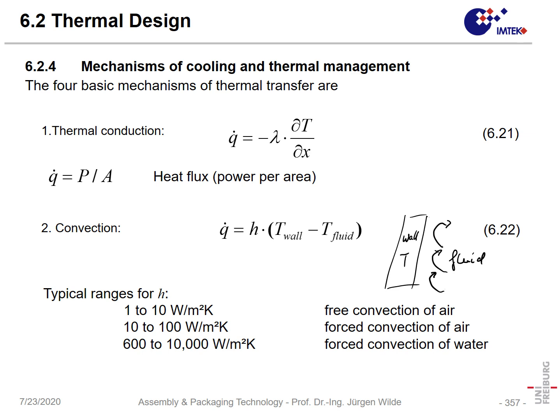And in many cases, it's advisable to use forced convection of water, and that can be in the range of 600 to 10,000 watt per square meter and Kelvin. Some people doing MEMS coolers even claimed 100,000 watt per square meter and Kelvin, but that cannot be maintained over longer times. Okay, so those are typical ranges of heat transfer coefficients.